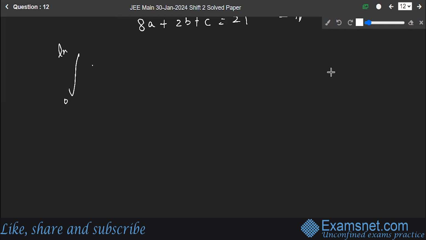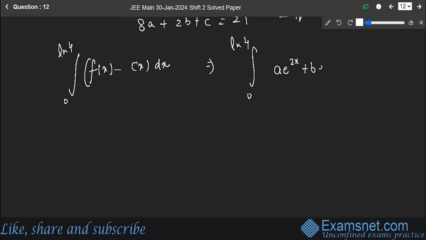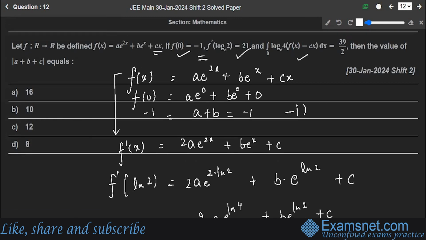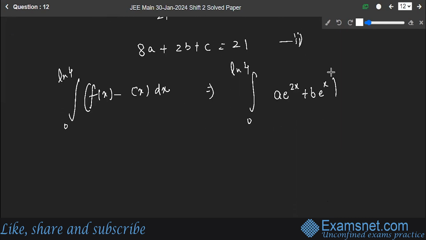It is like this: integral of natural log 4 f(x) minus cx dx. This is equal to the integral of a e power 2x plus b e power x plus cx minus cx, and the cx terms cancel. I'm not writing that, dx only.